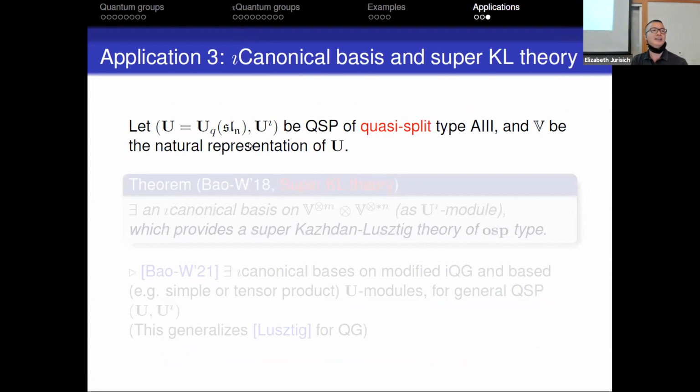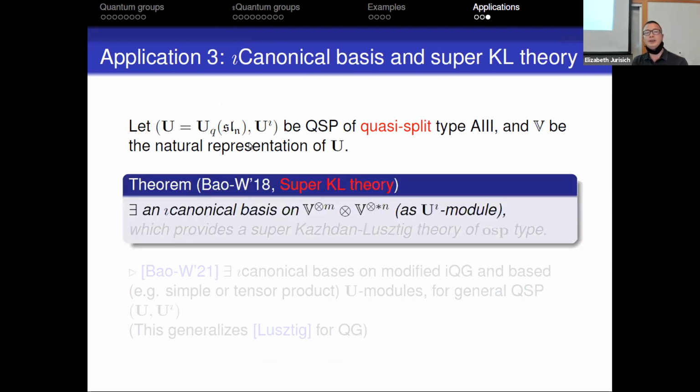I have a last slide. Basically, this one puts a bit more things here, but I just mention this type AIII quantum group has application. This allows you to build a new canonical basis on this mixed tensor space. Those provide the right Kazhdan-Lusztig polynomials for the superalgebra OSP.